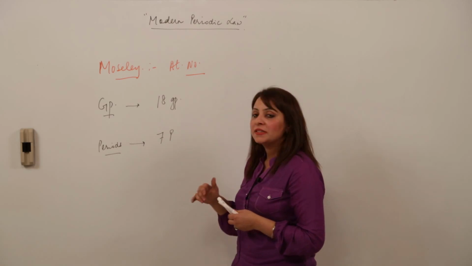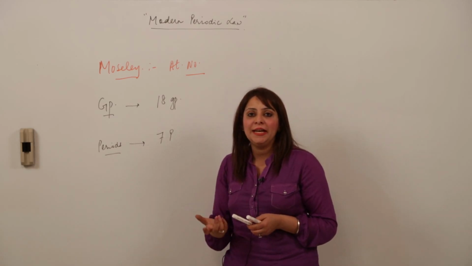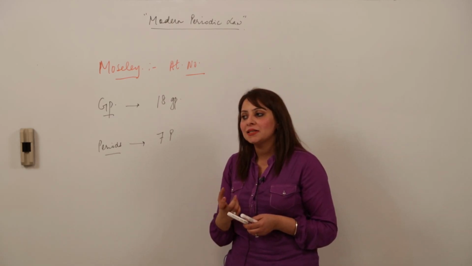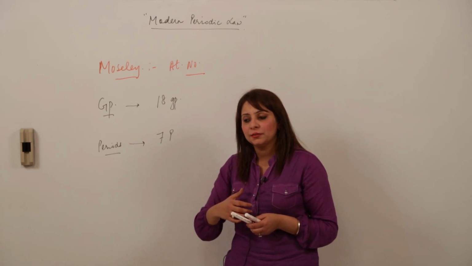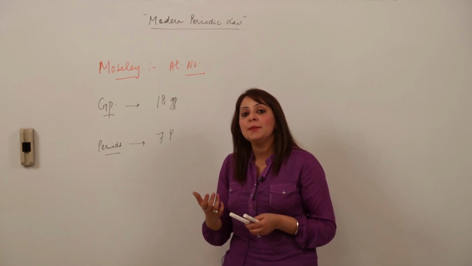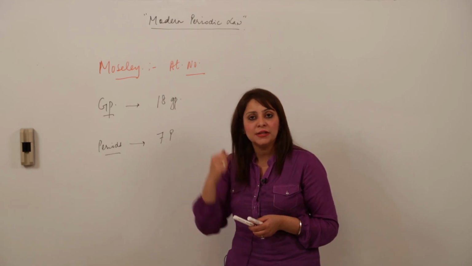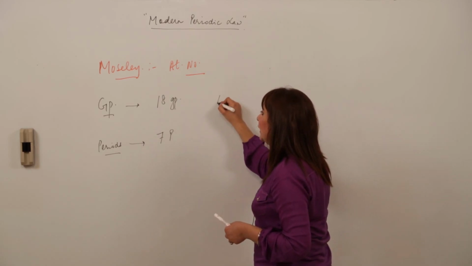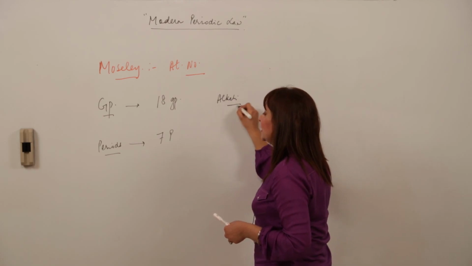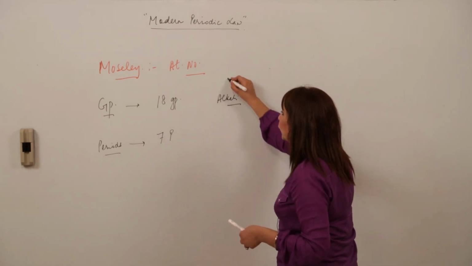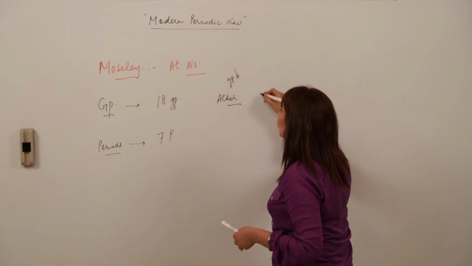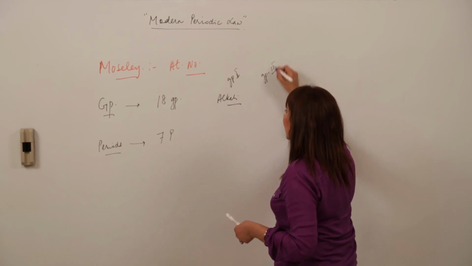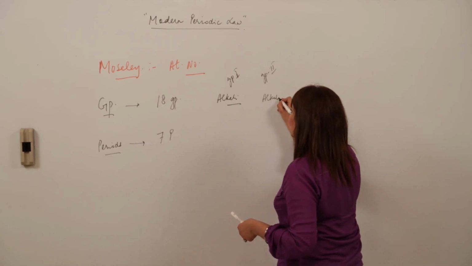Out of 18 groups, some groups were given specific names, otherwise we can call them families, by prefixing the name of the element which is present as the first element. So for the first group, the name is alkali group, which comprises lithium, sodium, like that, the group 1, and group 2 was called the alkaline earth metal group.